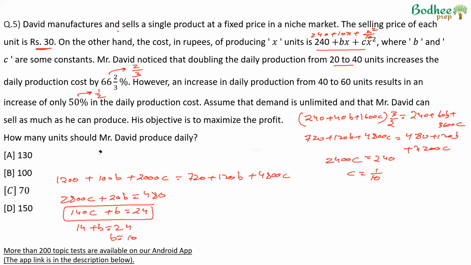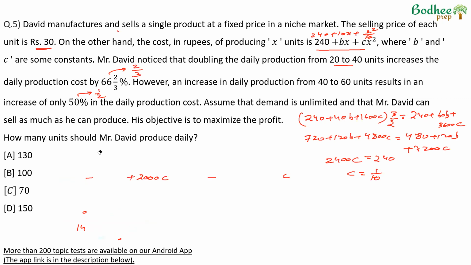Now, selling price is 30. We have to maximize profit. So the value for profit will be the selling price of x units, 30x, minus the cost, which is 240 plus 10x plus x square by 10.